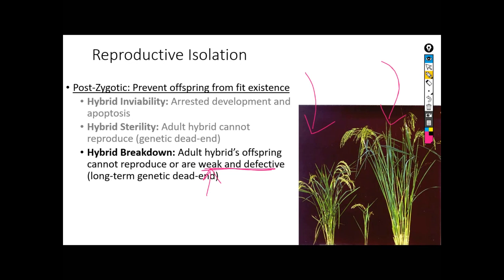If you cross those two, we get that sad little thing, which is not just pathetic looking and would probably drown in any rice paddy you planted it in, but it's clearly producing less rice overall. So it's going to struggle to survive, to compete, to photosynthesize, as much as any of its brethren born of a non-hybrid set of parents.